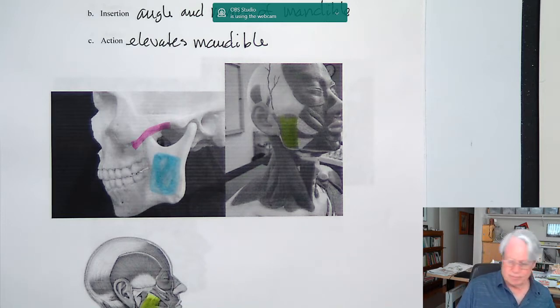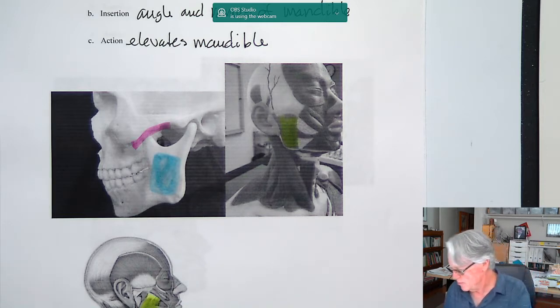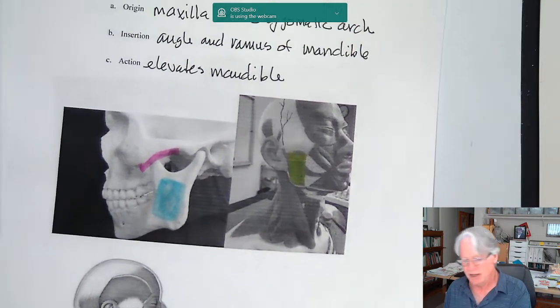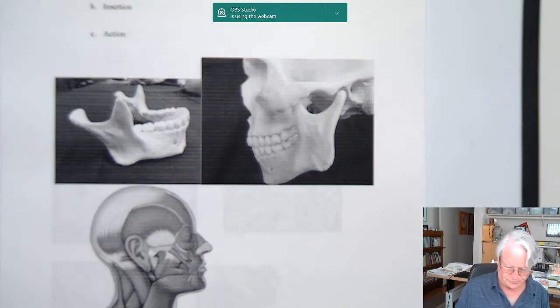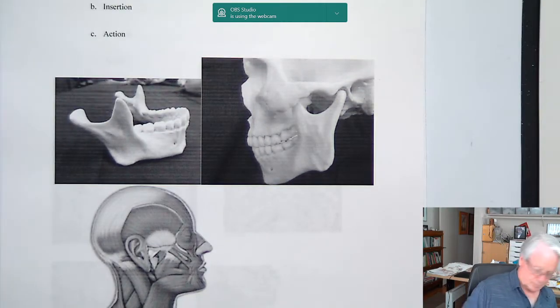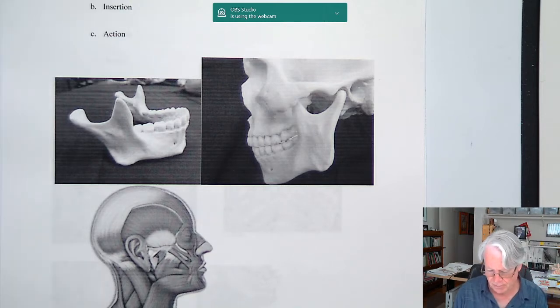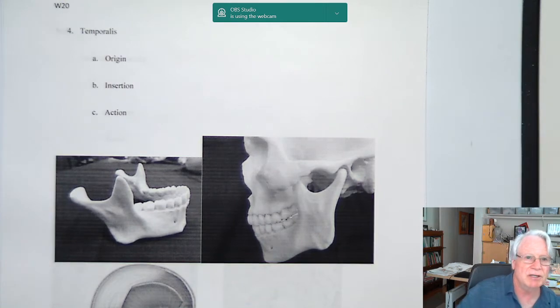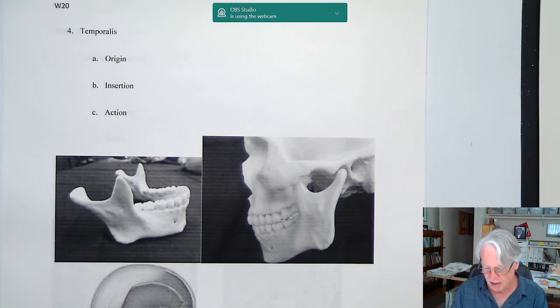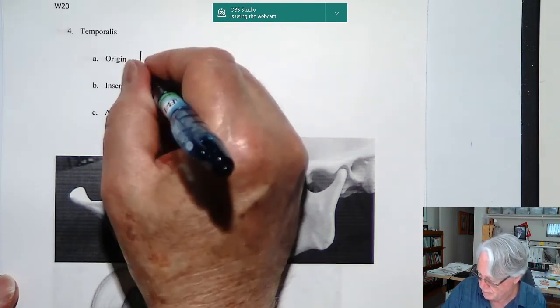All right. The next muscle is going to be the temporalis muscle. So let's take a look at that. First of all, let's get the information written down that we need. Temporalis muscle, origin is the temporal bone.